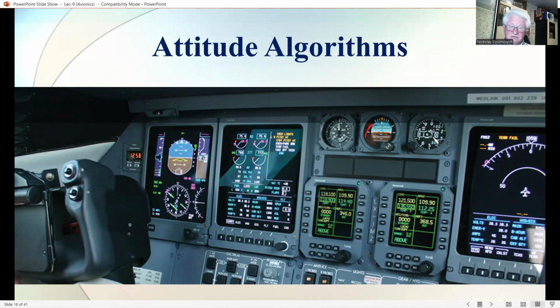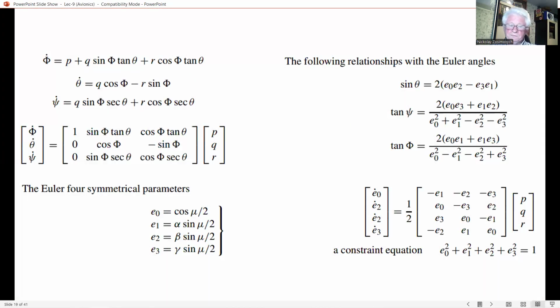And the equation relating the body angular rates P, Q, R to the Euler angle rates is reflected in this equation.